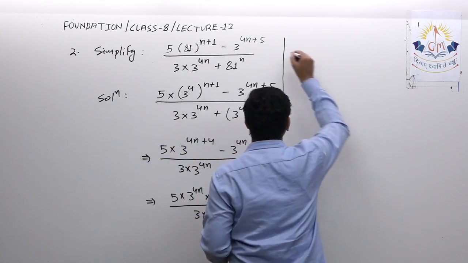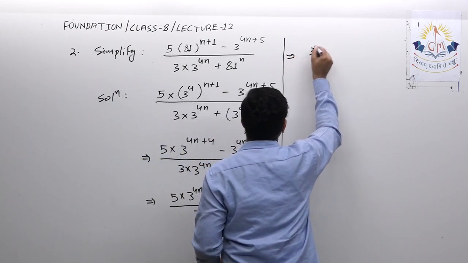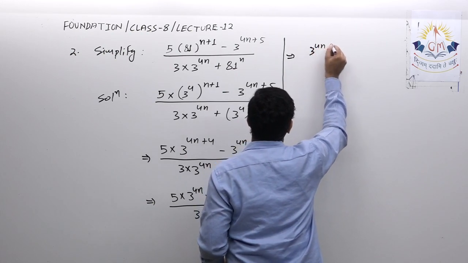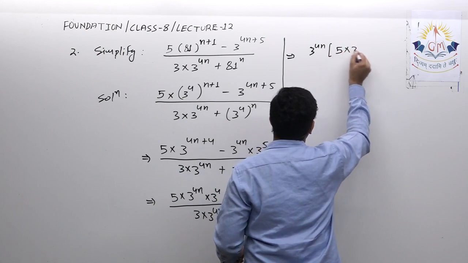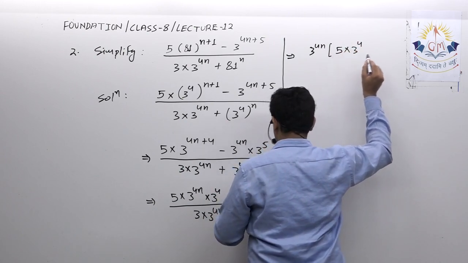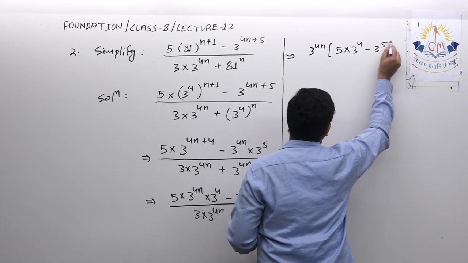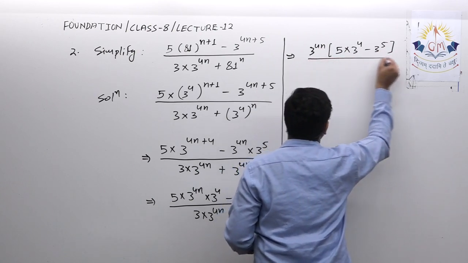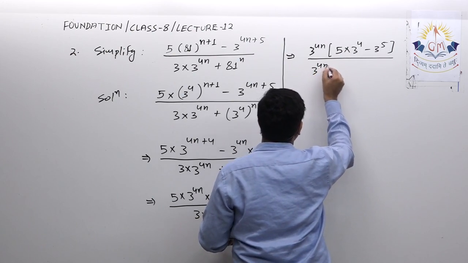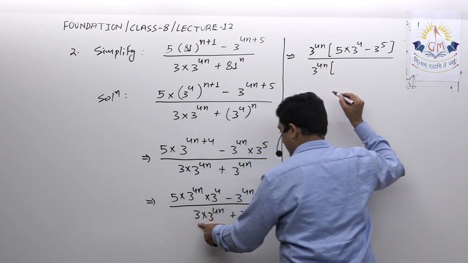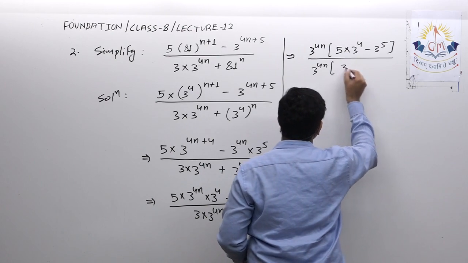So from the numerator I am taking 3 raised to 4n common, so I will be left with 5 multiplied by 3 raised to 4, minus 3 raised to 5, divided by, here again I can take 3 raised to 4n common, so I will be left with 3 plus 1.